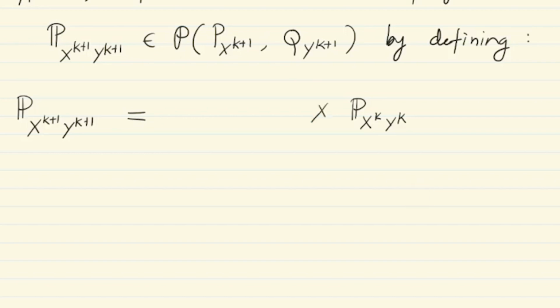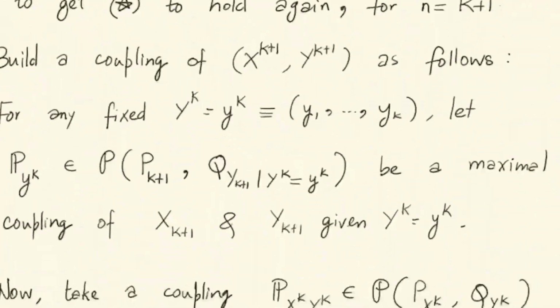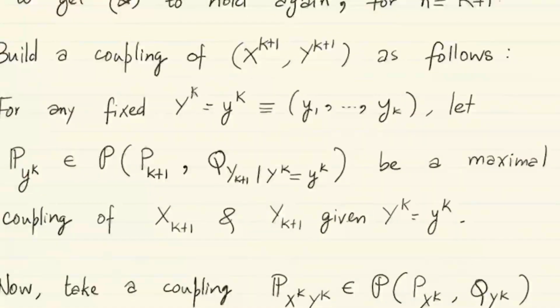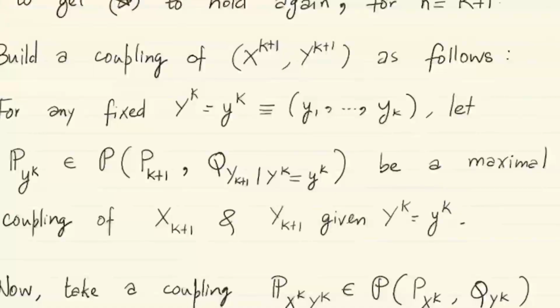Now, having the yk sequence in your hand, the previous y's all the way from 1 to k, you use this new extra coupling p_yk. So, you take small yk as the actual yk that has happened in the past, and using that you can basically generate a new x_k plus 1 and a new y_k plus 1 conditioned on the exact yk in the past. There is no condition required on xk in the past, because the new x is going to be independent from the past x's.